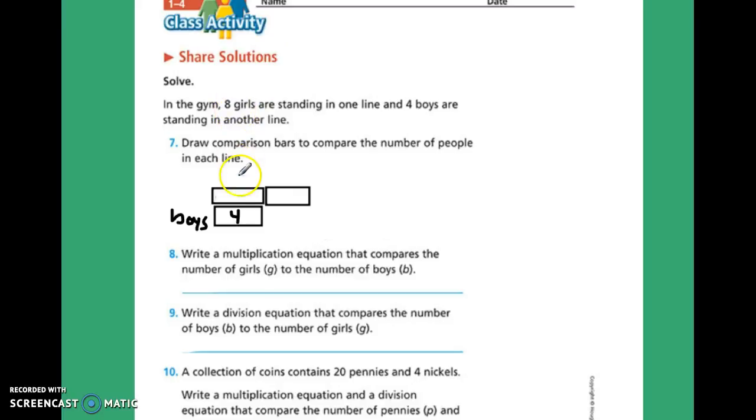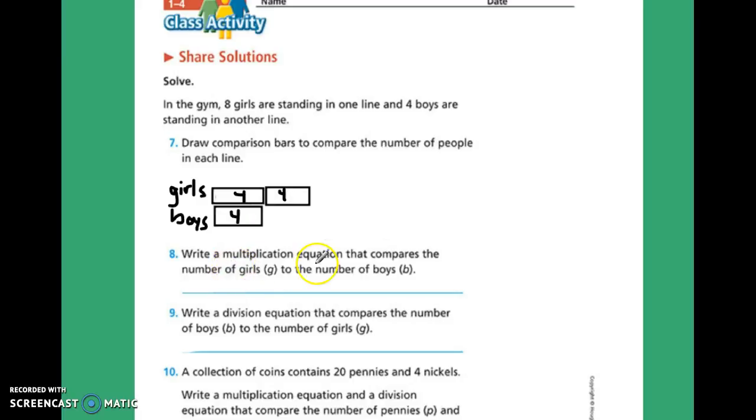So we've got 4, and now 4. Okay, and this is the girls. Again, you'll have to forgive me, I'm writing on the computer. I'm not as skilled a writer when I'm using the computer. All right. So we've got girls and we have boys.